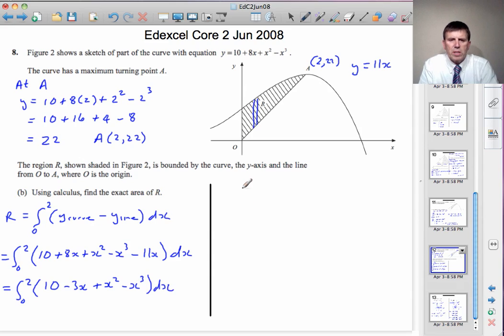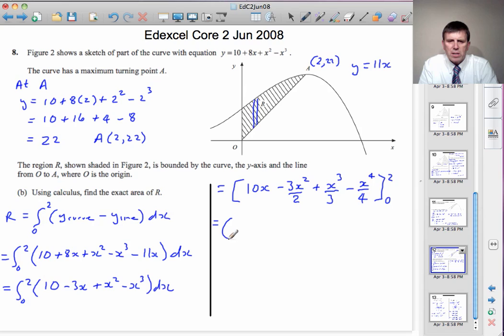And now we perform the integration. Integrate 10, we get 10x. Integrate minus 3x, minus 3x squared divided by the new power, 2, plus x cubed, when we integrate x squared, x cubed over 3 divided by the new power, minus x to the power 4 over 4. And that's between 2 and 0.